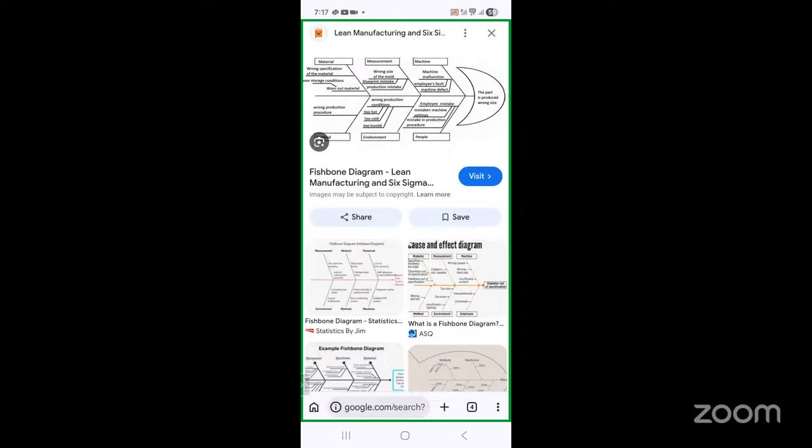So now, Shijal, you tell one by one and everybody will draw this fishbone diagram on any paper you can write down. It is very simple. So the first factor is material, and the causes are defective material. First one.